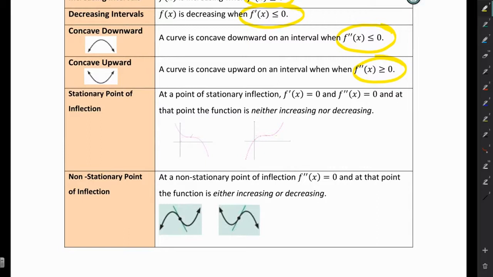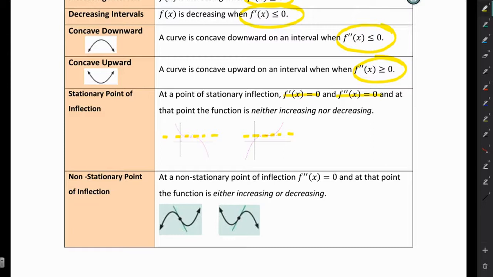So stationary points of inflection have a first derivative equal to 0 and a second derivative equal to 0. And that is a point on the function that is neither increasing or decreasing. If we look at the derivative, the slope of the tangent line at one of those points, we would get a slope of 0. That's different from a non-stationary point of inflection.